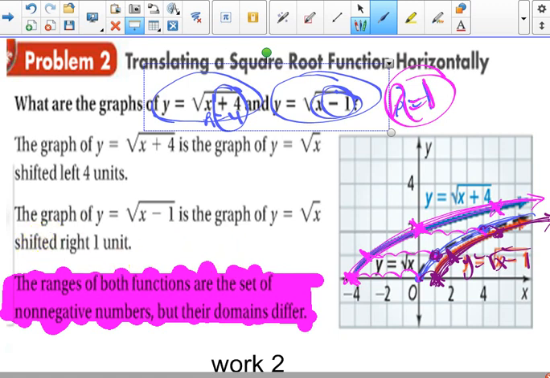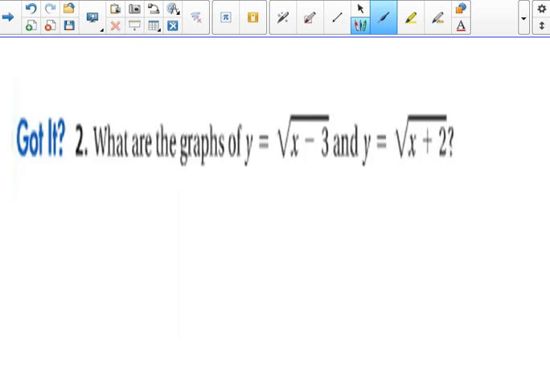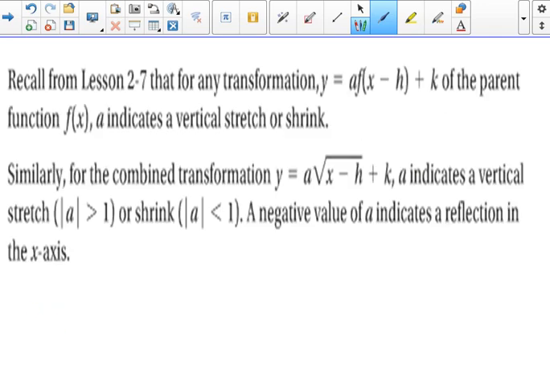Okay, if you're not finished, just pause and you can take it home and finish it, or if we finish early, you can do it. Okay. All right, let's move on.